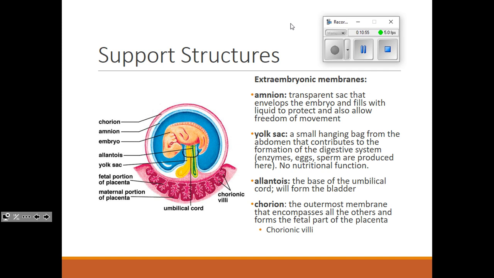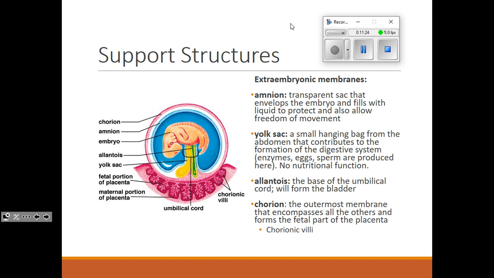As our little embryo develops during the embryonic phase, these structures develop. These support structures are called extra-embryonic membranes. The word extra means beyond, like an extraterrestrial is from beyond the earth. But these extra-embryonic membranes are formed from the same cells as the embryo.